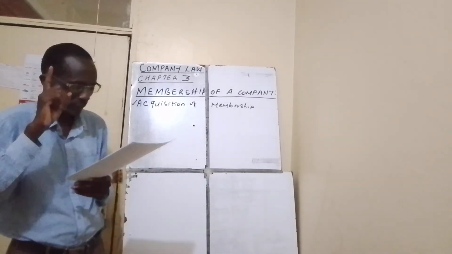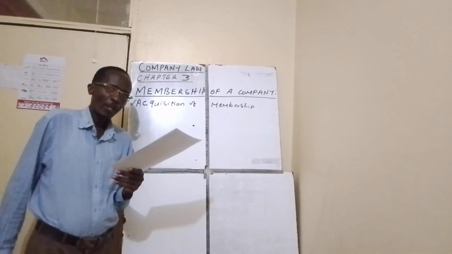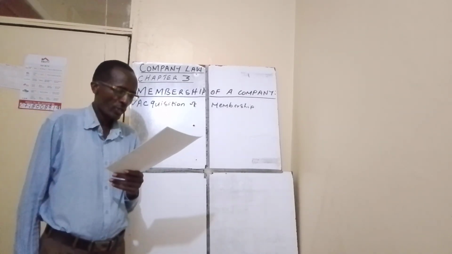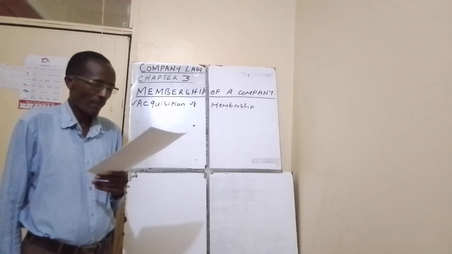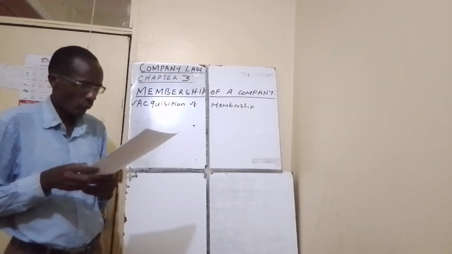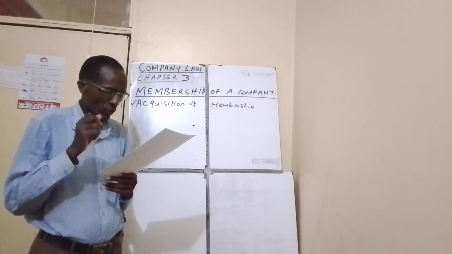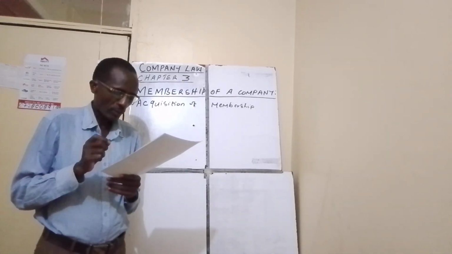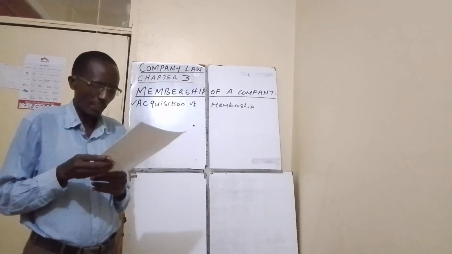So method number 3 of acquisition of membership is transfer from an existing member. Number four, method number 4 of acquiring membership is transmission on death of a member.